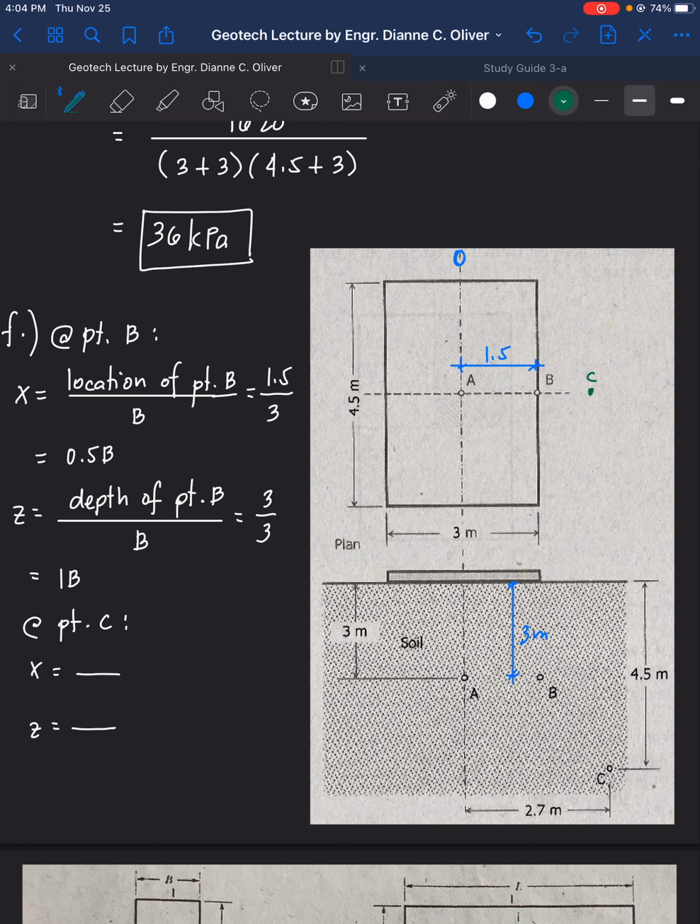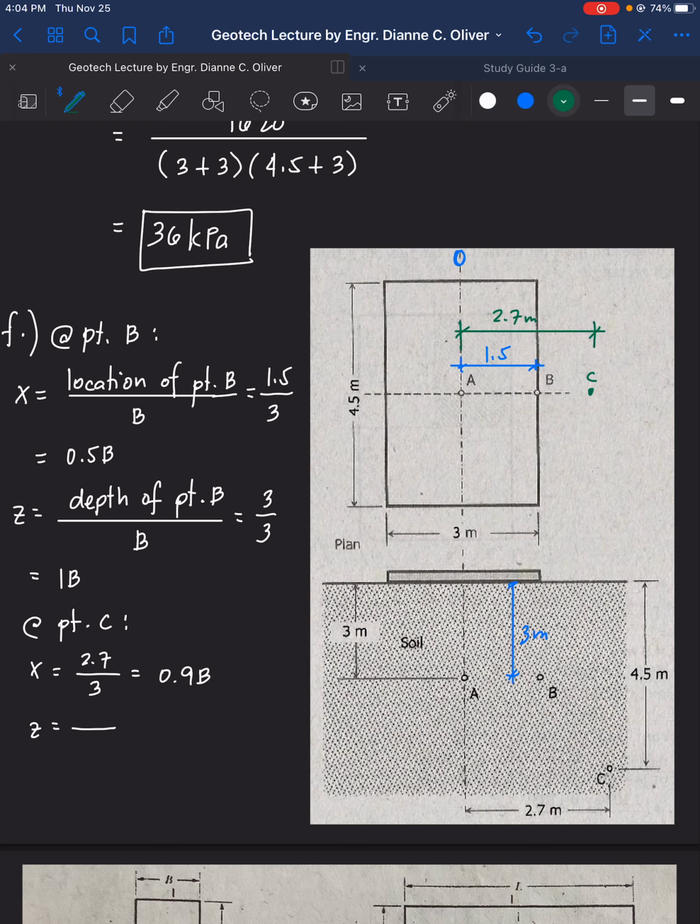The location of point C is 2.7 meters. So 2.7 divided by B, our B is 3, that is 0.9B.